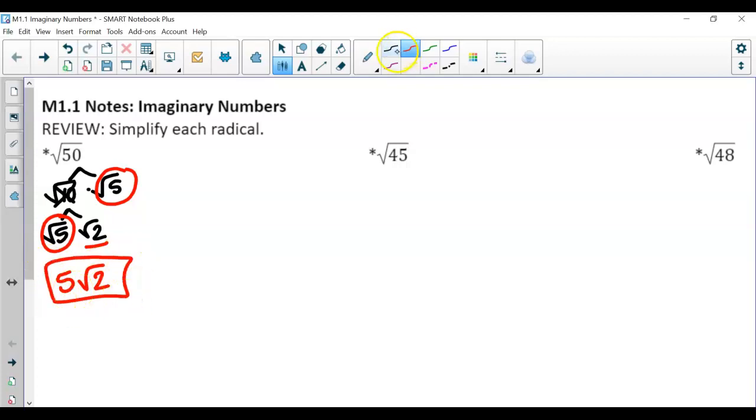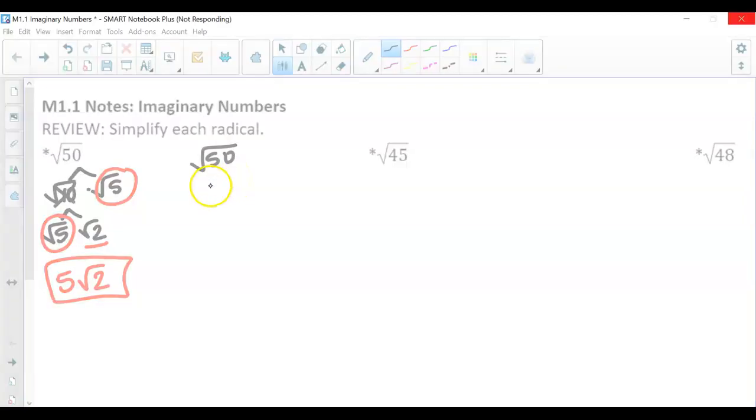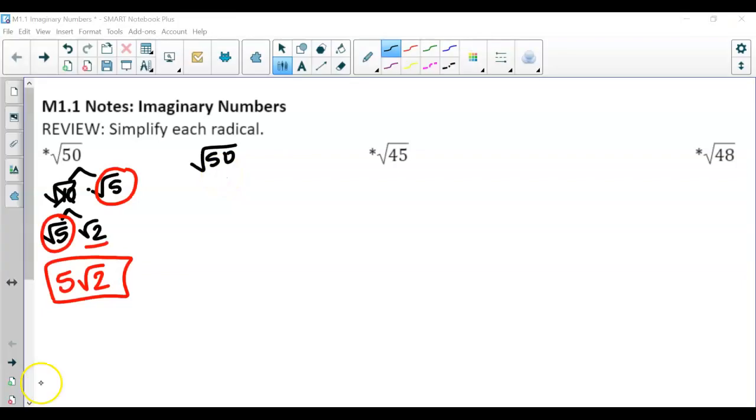Now, another option is you have radical 50 and then focus on the perfect square factors. So what is a perfect square factor of 50?